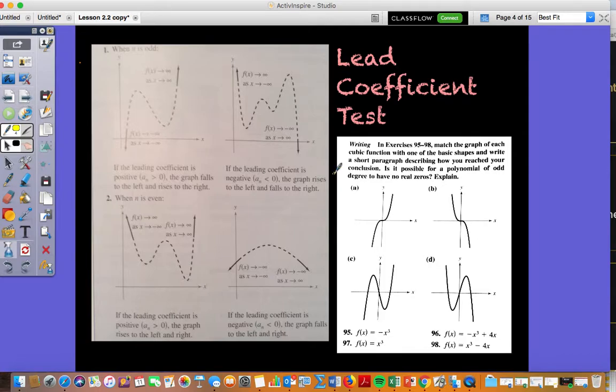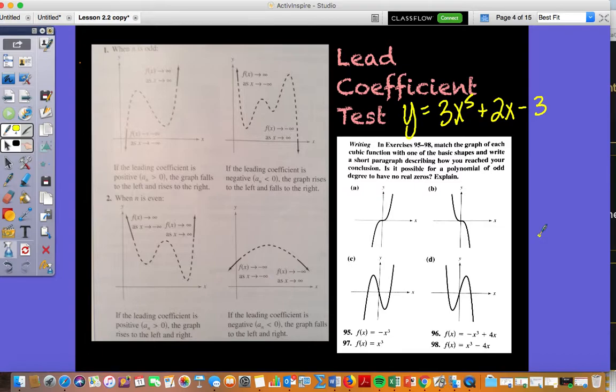As we look at this, though, here's the thing. The end behavior of a polynomial, okay? You want to write this down. When we get to the end behavior of a polynomial, we look at 2 things. So I'm going to give you an example. We'll say y is equal to 3x to the 5th plus 2x minus 3, okay?